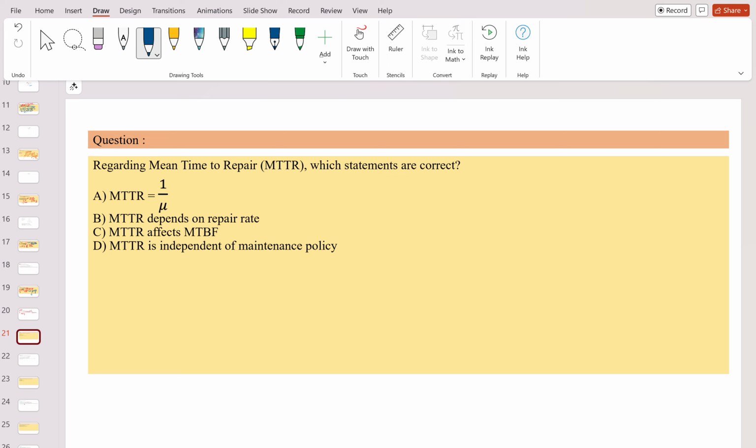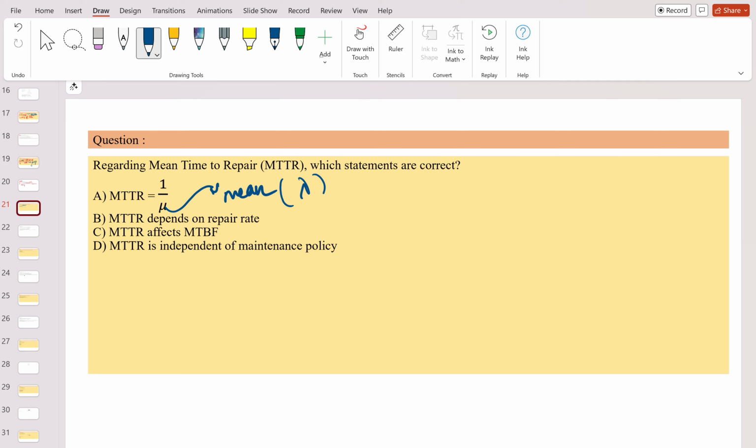Mu is basically the mean, or you can say lambda also, that is also correct. Okay, I got one answer, option A. Check whether multiple options can be correct.